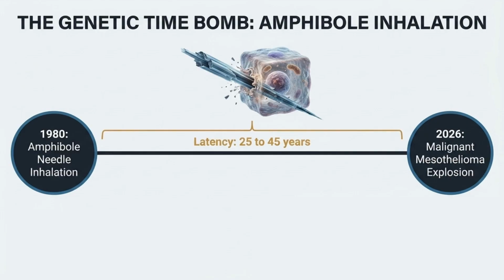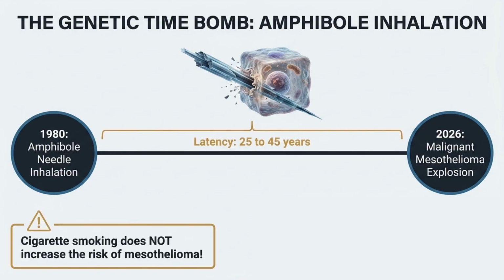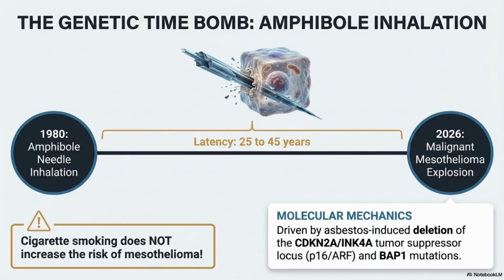A massive high yield point for your exams: cigarette smoking does not increase the risk of mesothelioma. On a molecular level, this cancer is driven by the asbestos-induced deletion of the CDKN2A or INK4A tumor suppressor locus, also known as P16/ARF, combined with BAP1 mutations.